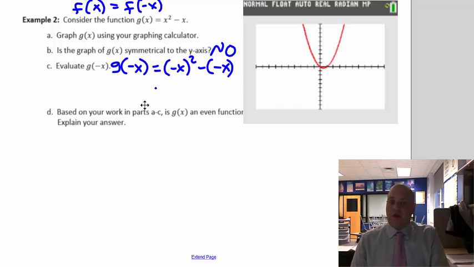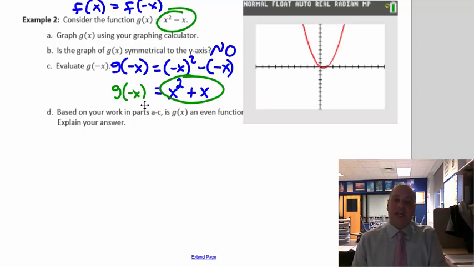Well, negative x squared is just x squared because a negative squared is a positive, right? So that's the same, but negative x is positive x. So take a look now. When I do g of negative x, I get x squared plus x, but I originally had x squared minus x. So when I do the negative x, it does change the function. Therefore, it is not an even function.